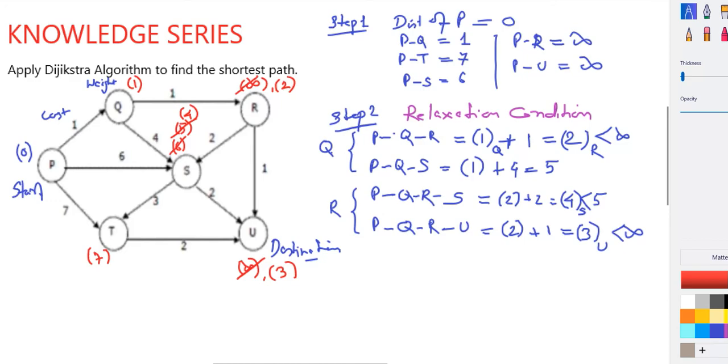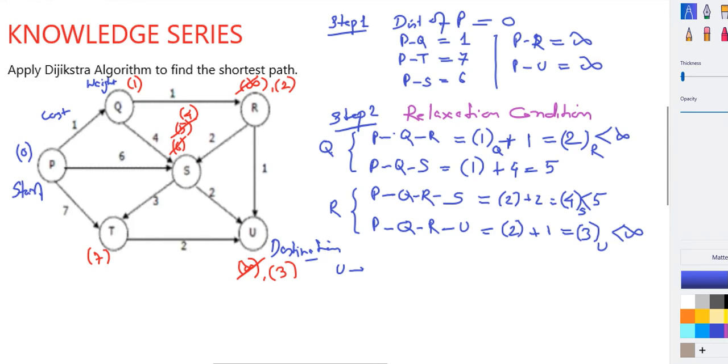Now we have visited P to Q, R, and now what is the next one? We have to see S, U and T. Among these, the smallest weight is U. So we will see U. But when we consider U, you will see that under this scenario, no link is emerging out.